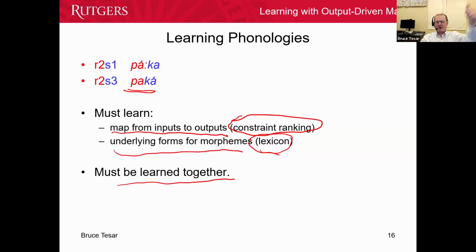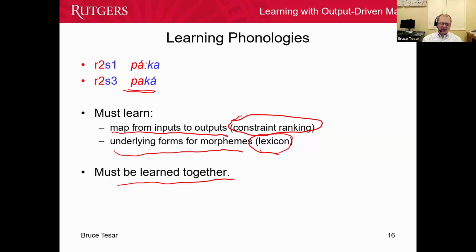And then properties that are even more marked, and they're even less common. And children tend to start out in their early production producing only the least marked sounds. Even if they're speaking a language which has a lot of other sounds, they produce only certain sounds, and those happen to be the ones that are cross-linguistically least marked. And then over time, their productions accumulate more and more marked structures.